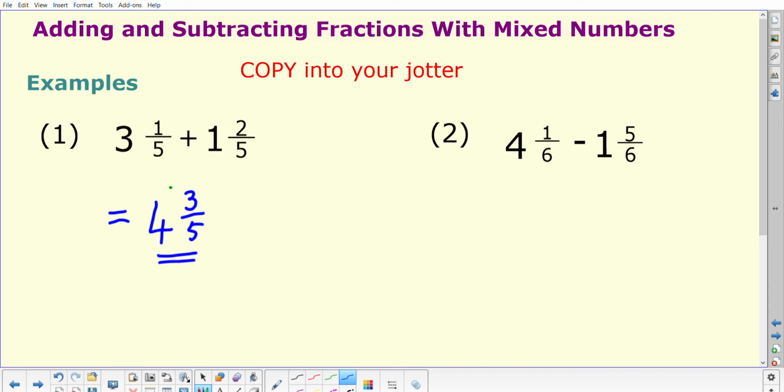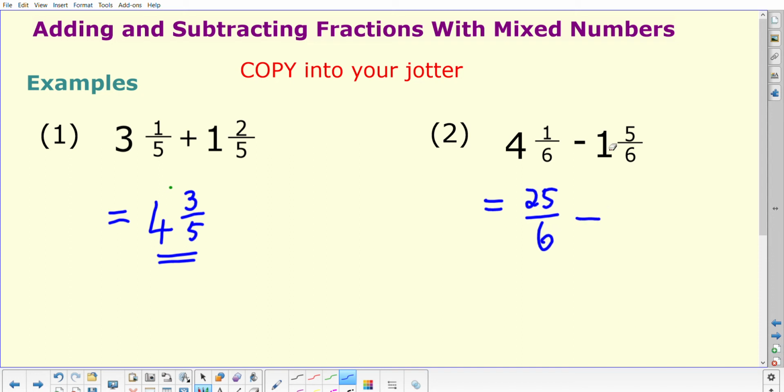So this is where we use your previous knowledge of understanding that a mixed number can also be written in top-heavy form. So that's known as an improper fraction. And the process to do that, you take your whole number, multiply by the denominator and add on the top number. So 4 times 6 is 24, add on the 1 gives us 25 over 6.